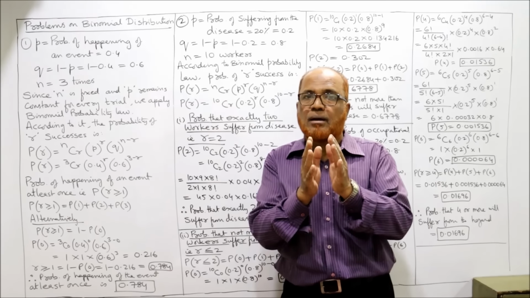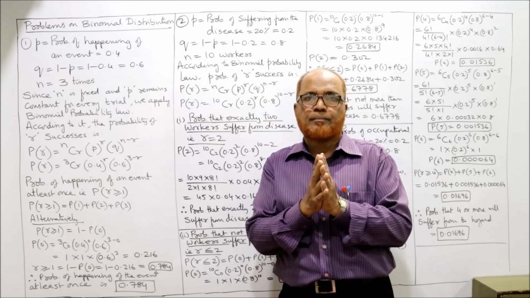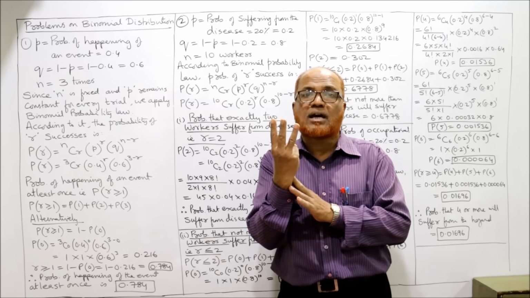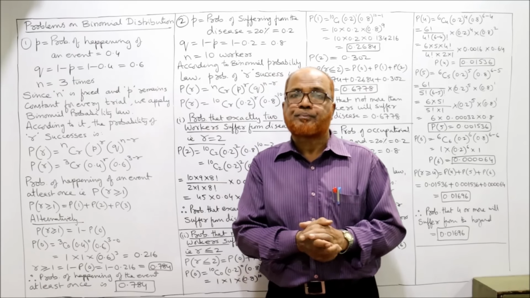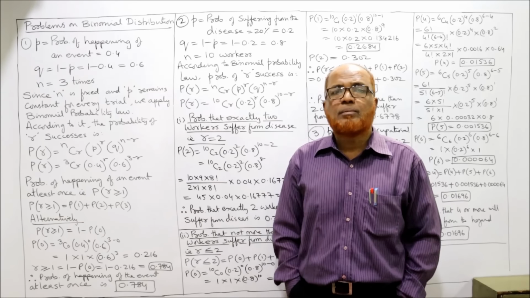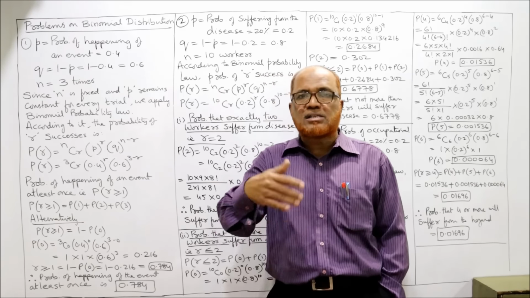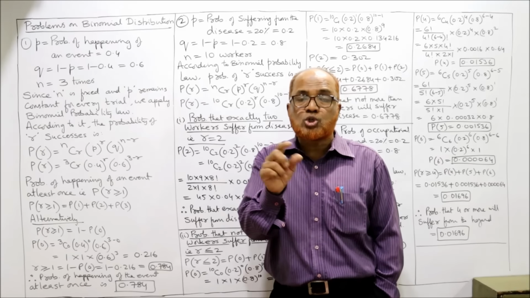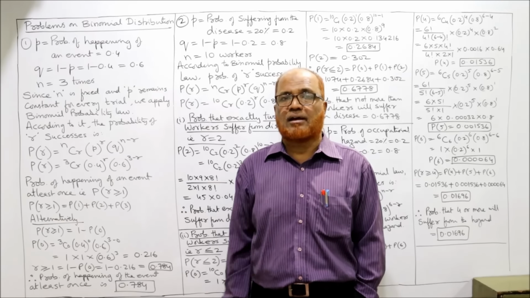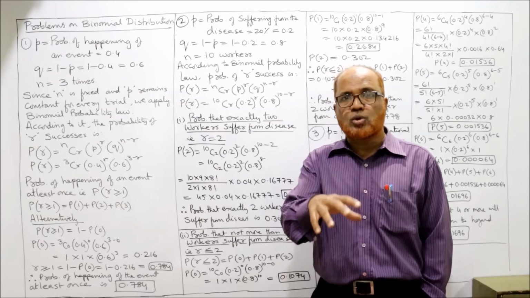I have already explained binomial probability theory in the previous video. This binomial law is applied whenever the experiment is repeated a fixed number of times, where the value of P does not change from one trial to another. Those are the conditions to apply binomial.